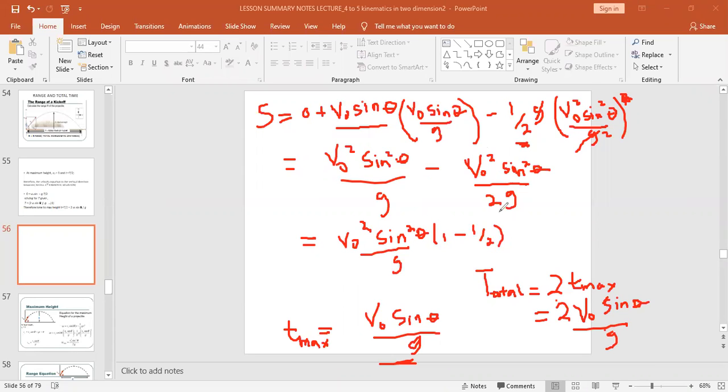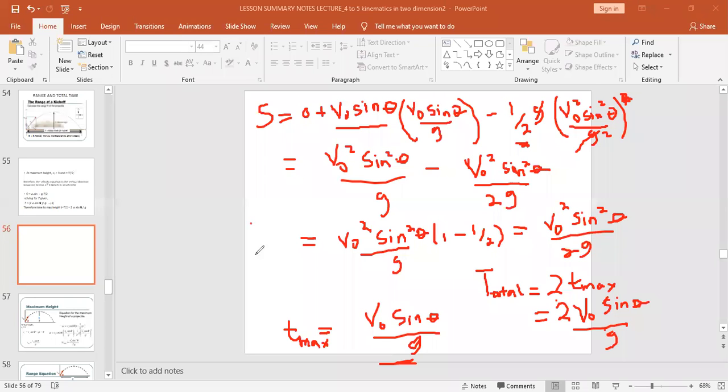So 1 minus half will be half. So we will have V naught squared sine squared theta over 2g.